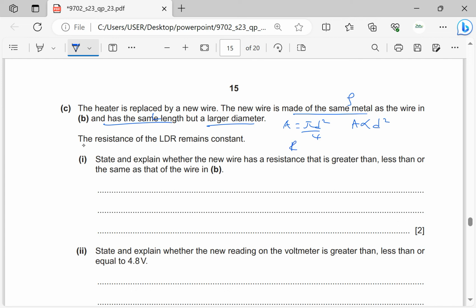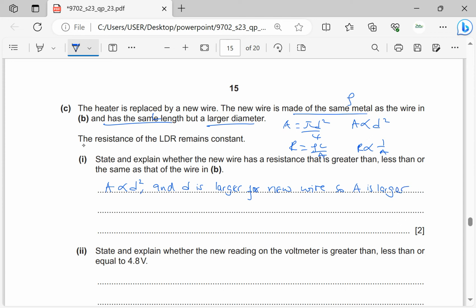And from resistance is equal to rho L over area, we also notice that resistance is inversely proportional to area. The rho and L are the same. So a larger diameter means a larger area, which means the resistance decreases. So we can say area is directly proportional to d squared, and d is larger for the new wire, so A is larger.